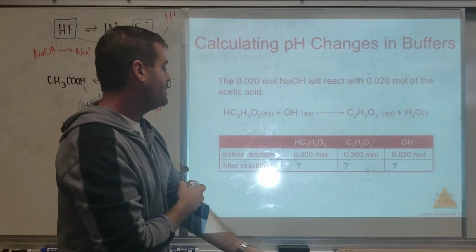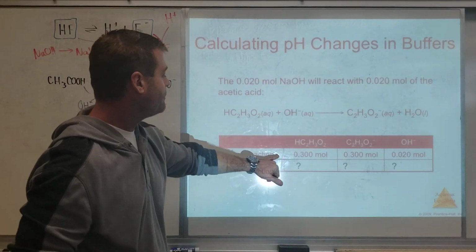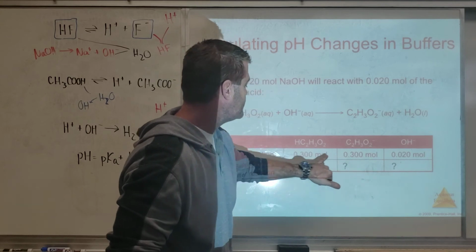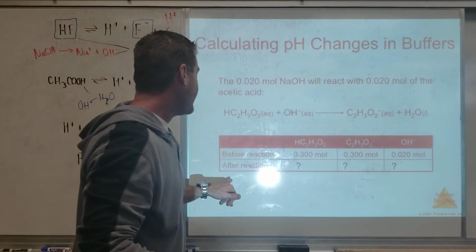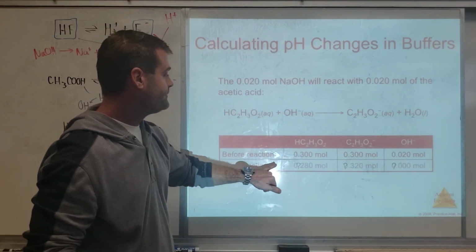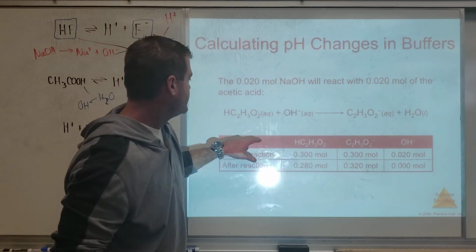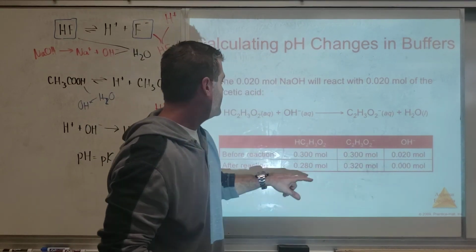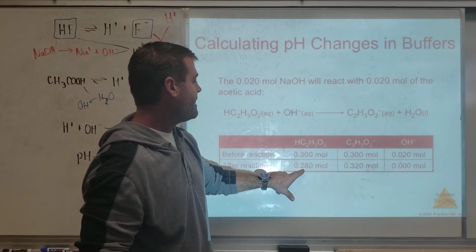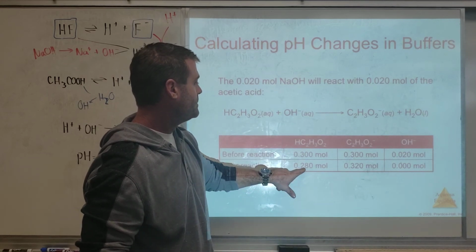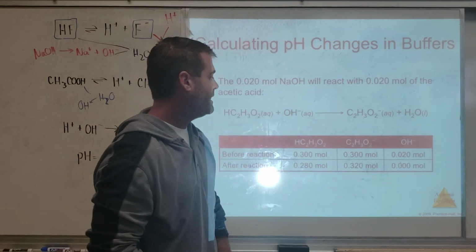So here's what we have before the reaction. We have these moles, and then we add this. But then after the reaction, check out what we have. All of this is going to react with this, and so we're going to have 0.02 less of this because 0.02 of it reacted with the hydroxide.